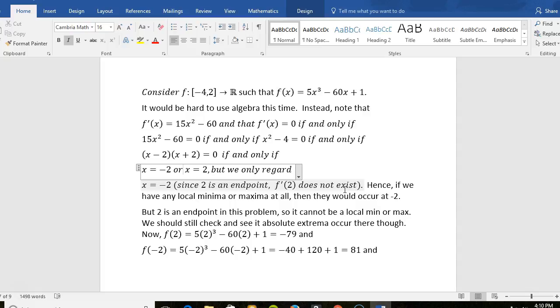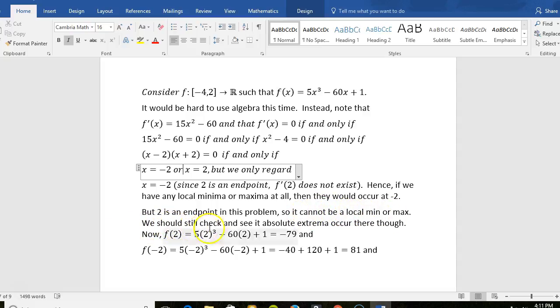Hence, if we have any local minima or maxima at all, they would occur at x equals negative 2. But 2 is an endpoint in this problem, so it can't be a local min or max.